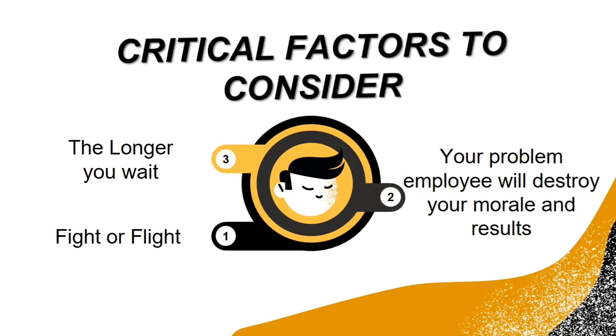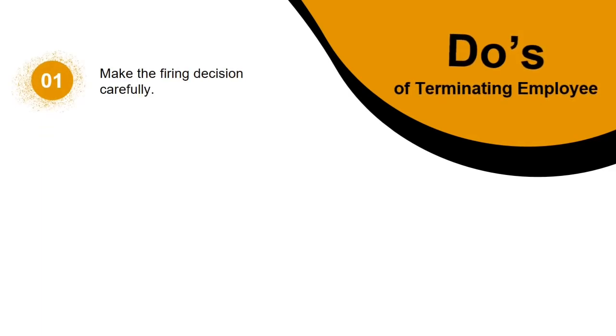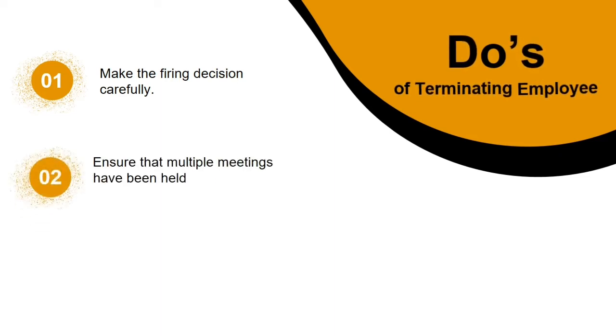Okay, now I have here some dos of terminating an employee. The first is you have to make the firing decision carefully, but once made, you have to implement it quickly. You have to act quickly. The second is you have to ensure that multiple meetings have been held with the employee, in order to hear his side and to determine if the charge against the employee is reasonable.